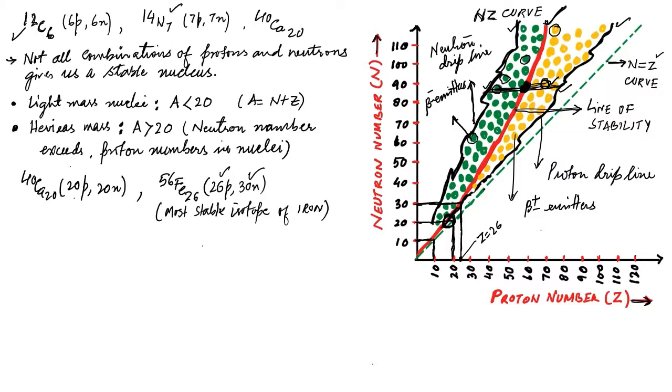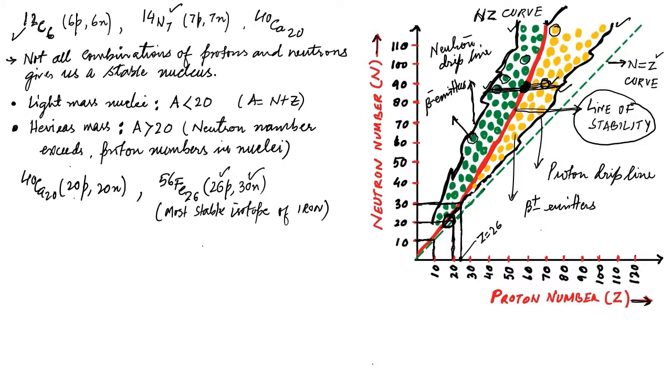So this is what we have as the NZ curve. If you plot all the nuclei, their proton number on the x-axis and neutron number on the y-axis, and plot different nuclei, then you are going to get this red solid curve, the line of stability, and the many nuclei existing around the line of stability, in between the line of stability and the proton drip line.